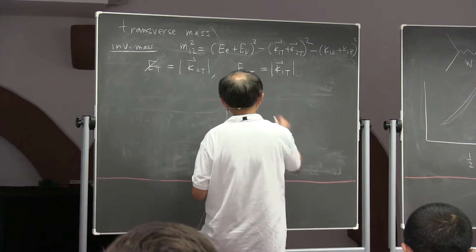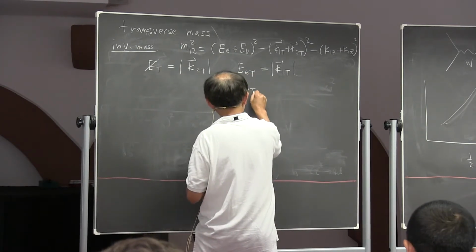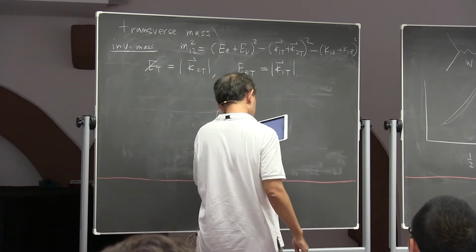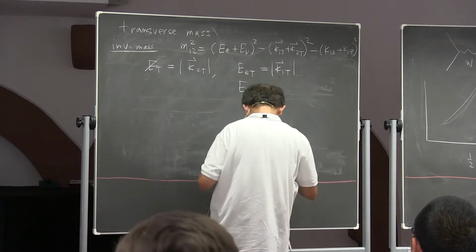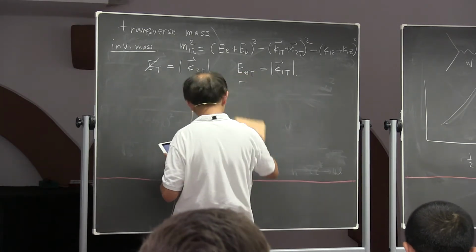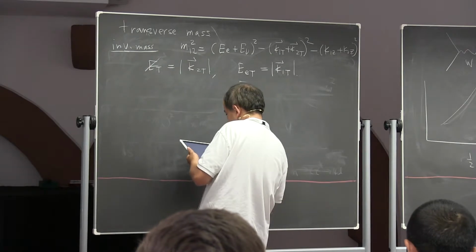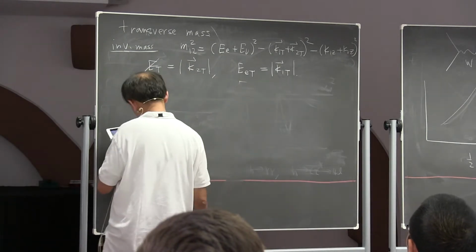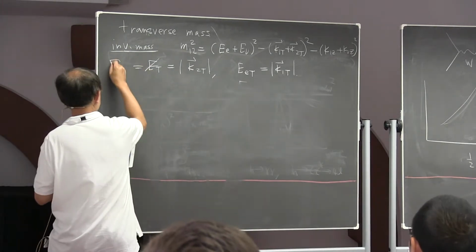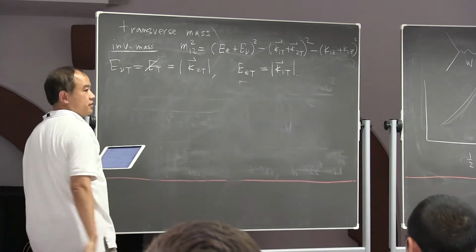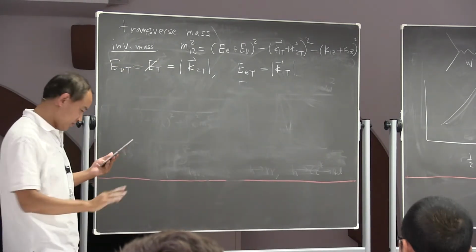Anyway, the rest of it is not very useful. I can also call this just the transverse energy of the neutrino, basically. Just different names.